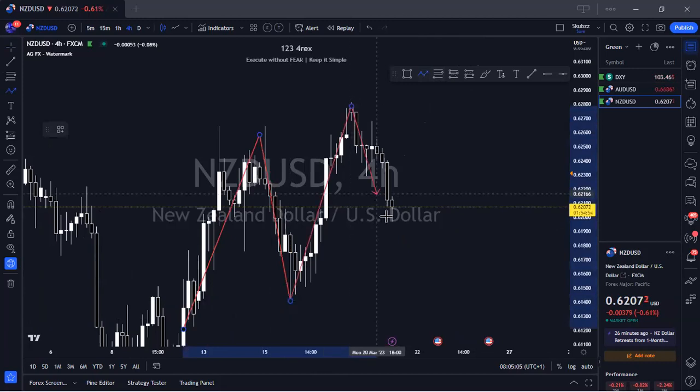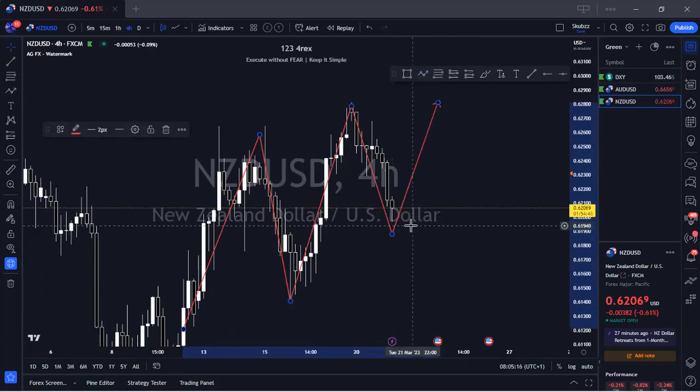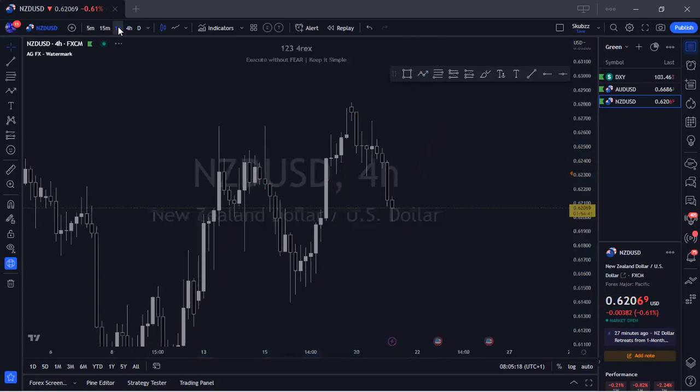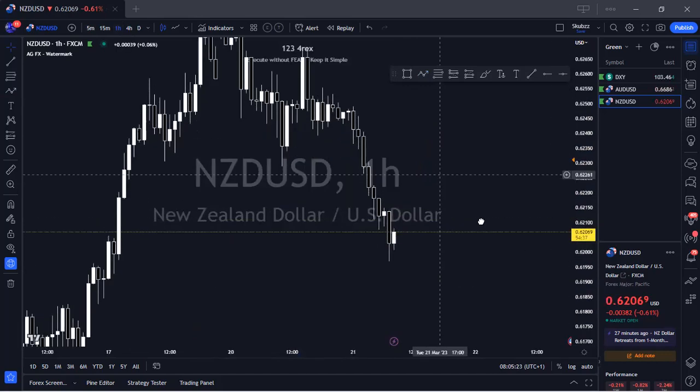Now it's forming another higher low for us to continue the market to the upside. But if you go to the 1H, you see that we clearly have head and shoulders here.